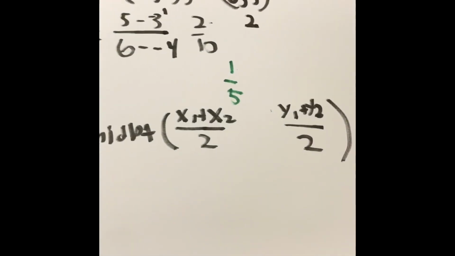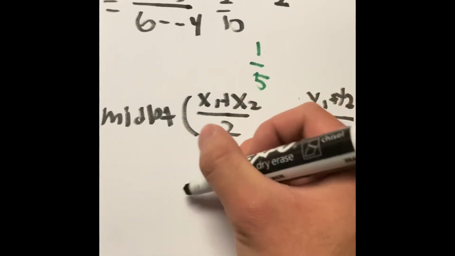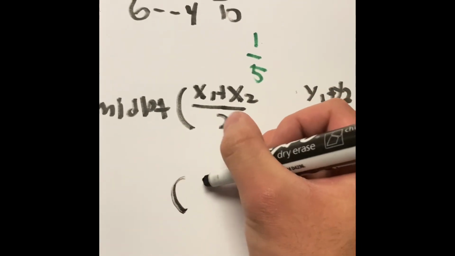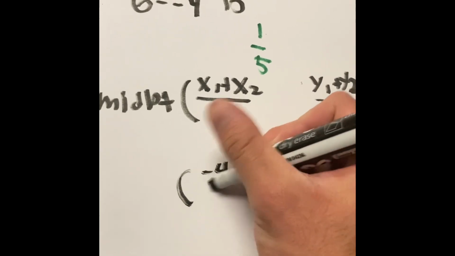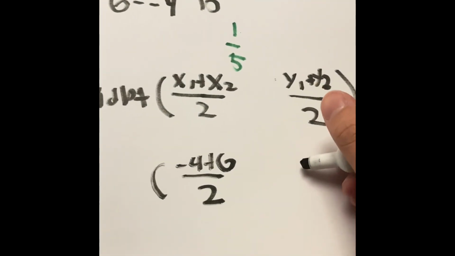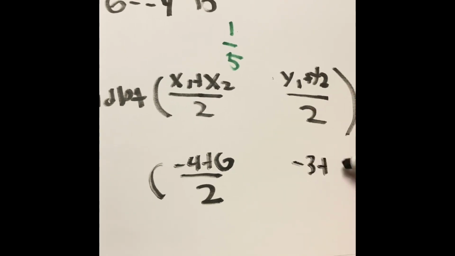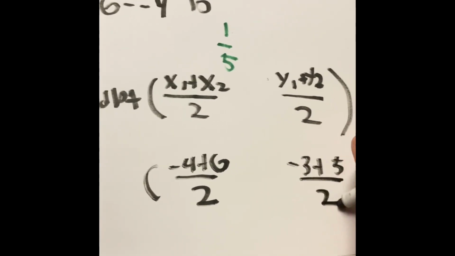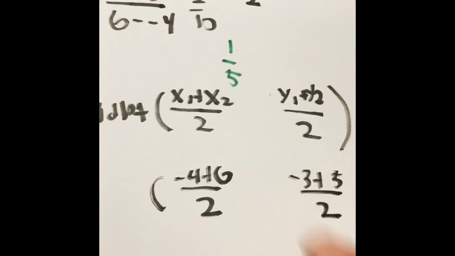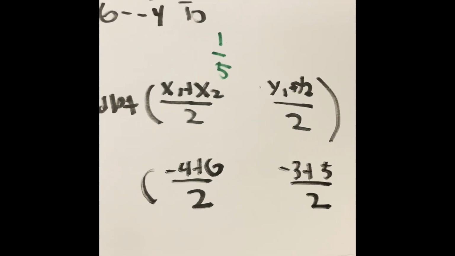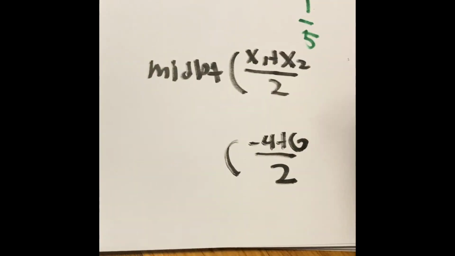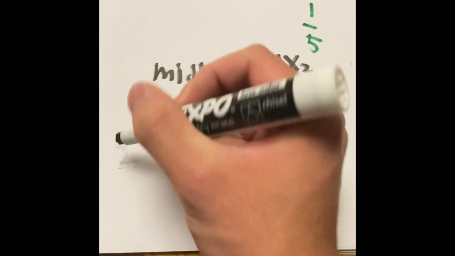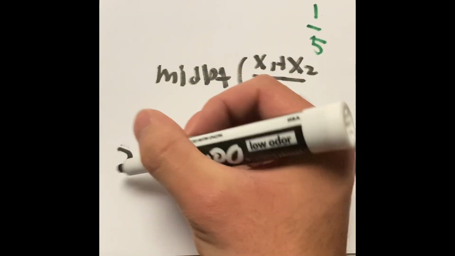So we're going to now say -4 plus 6 divided by 2, because those were our x's, and -3 plus 5 divided by 2. Those were our 2 y's. So -4 plus 6 is going to be +2. Wait, +2, divided by 2.